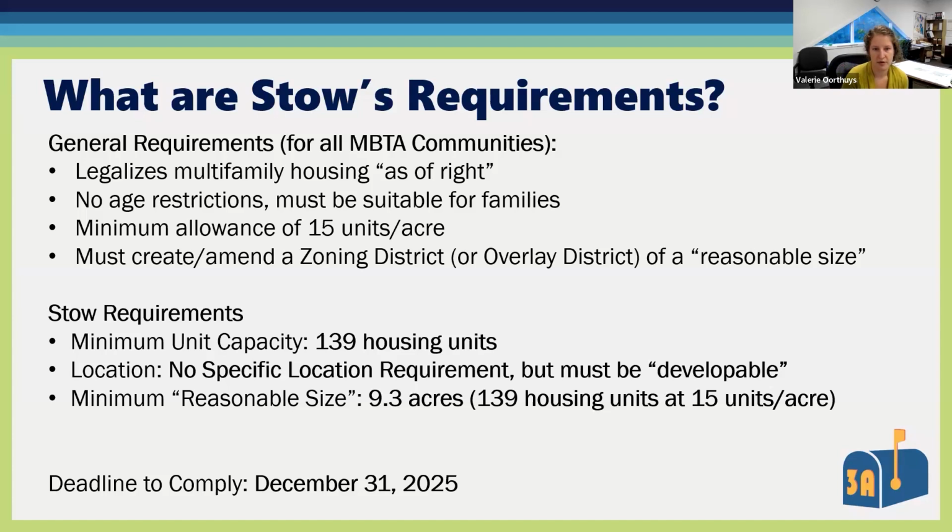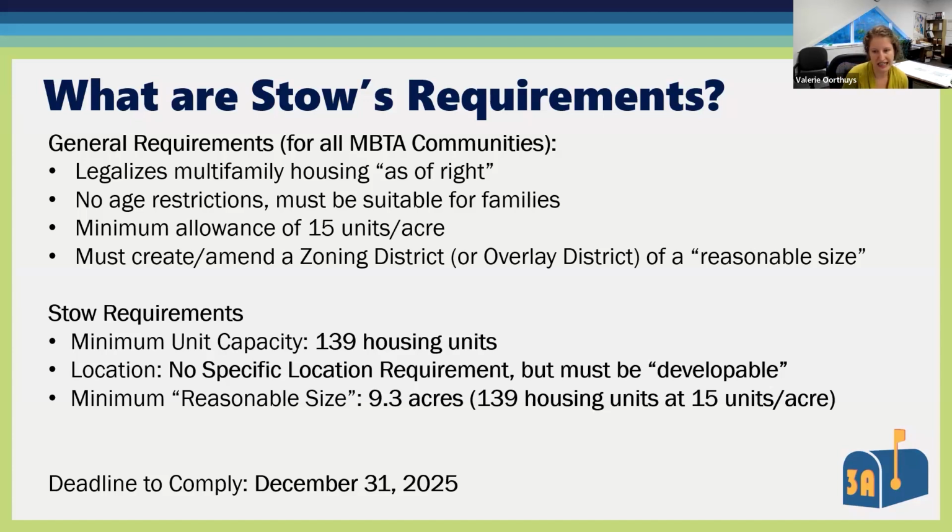Again, we have the minimum density of 15 units an acre, which we see now already exists in some part of Stow. And then we must create or amend a zoning district or an overlay district that's of a reasonable size. So in Stow, we're looking for a minimum unit capacity of 139 housing units.